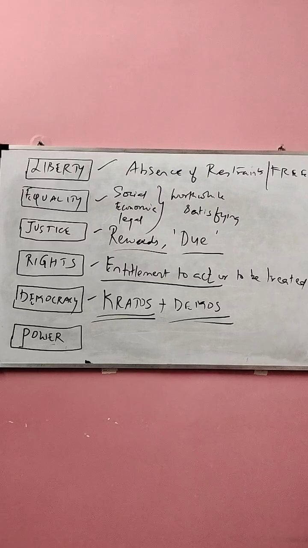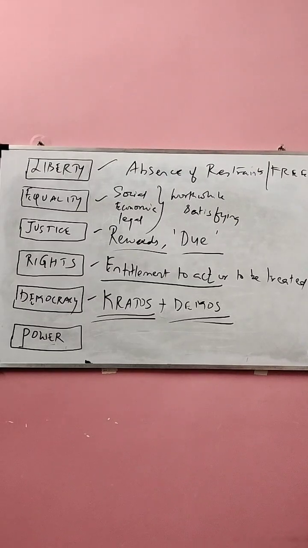According to Plato and Aristotle, democracy is nothing but the rule of many people who may not have proper virtues. Without virtues, if you allow many people to rule, then the state will not be an ideal state. This is the ancient conception of democracy. Democracy was seen in the negative sense during the ancient period.